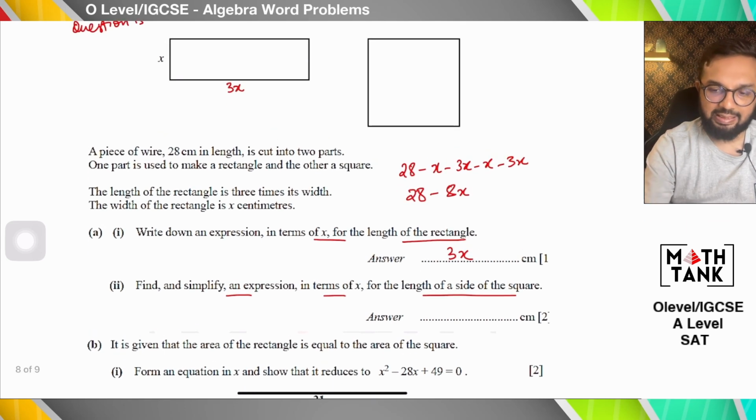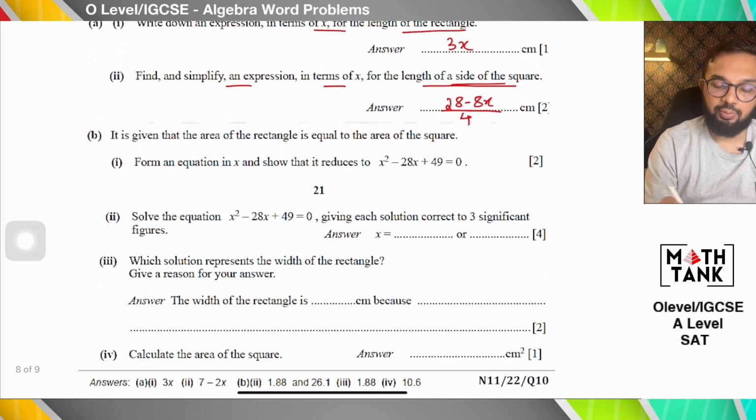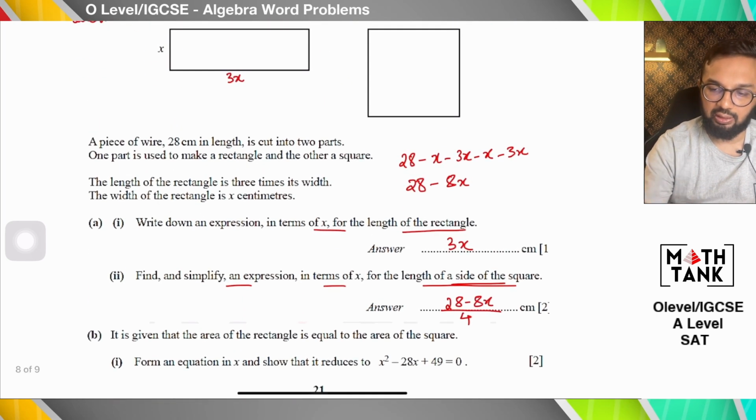That is the entire length that I have left over for the square, but I want just the length of the side, so I'm going to say 28 minus 8x divided by 4, because 4 equal sides.